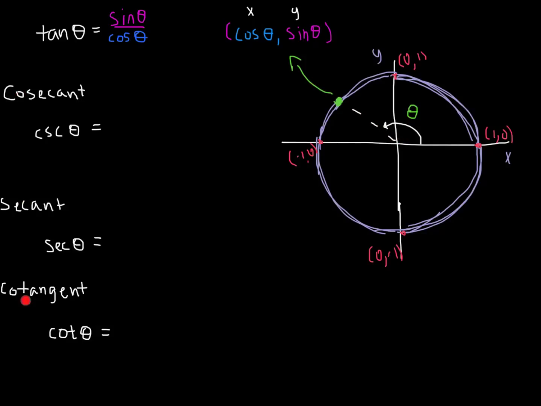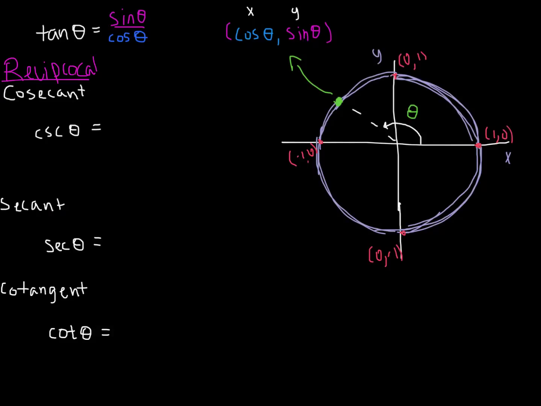And there are actually 3 more trig functions that we want to talk about: cosecant, secant, and cotangent. And these are not tricky at all, to be perfectly honest. They are related to sine and cosine, just like tangent is. So cosecant, secant, and cotangent are known as reciprocals. They're the reciprocal of sine, cosine, and tangent. So cosecant is the reciprocal of sine.